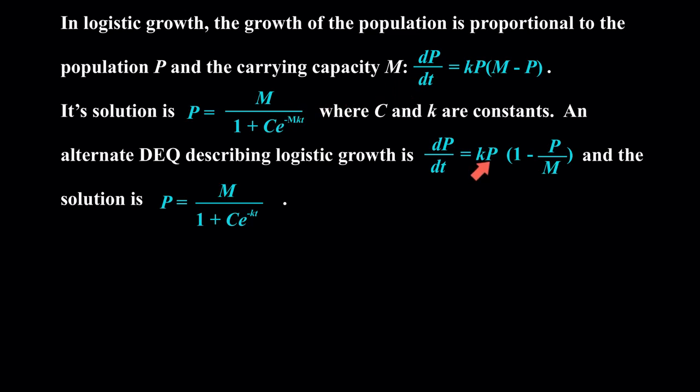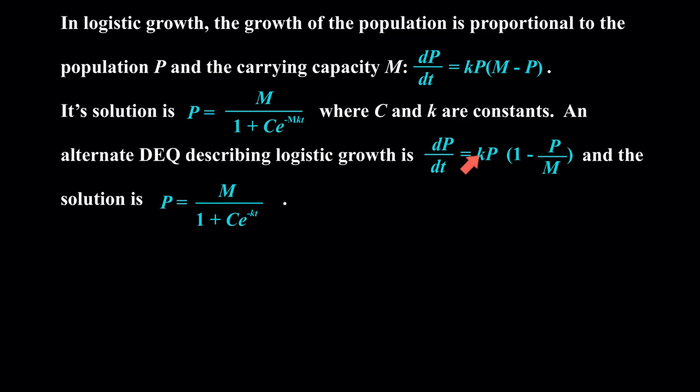There is another version or form of that also, and that is this one right here. This is the one I tend to use most often. dP/dt is equal to kP(1 minus P over M), and the solution for it is this. Now the only difference here, how we get from this equation to this equation, all we're doing is factoring out the M. If you factor M out of this parenthesis, that's going to leave you with 1 and P over M right here.